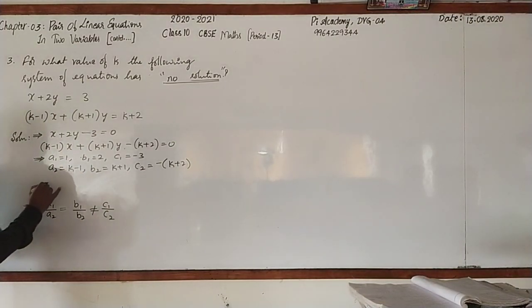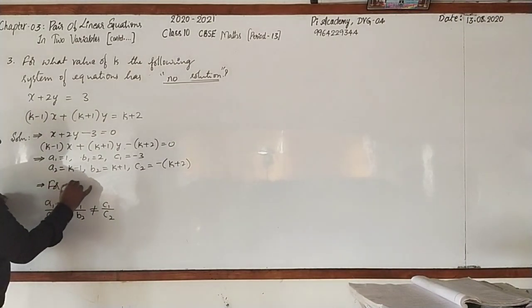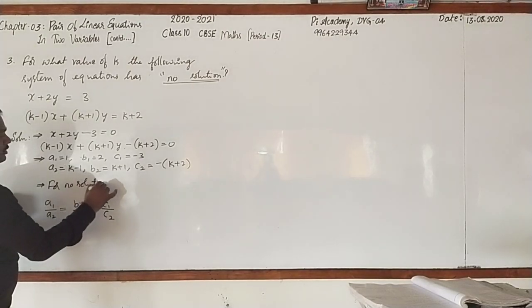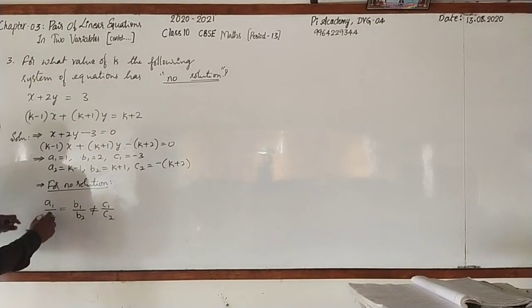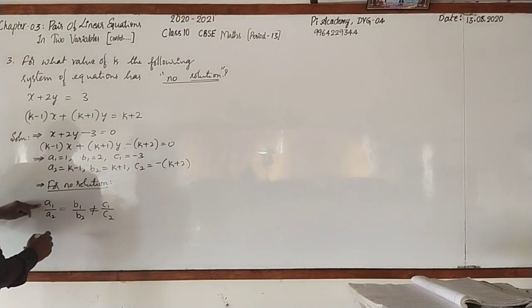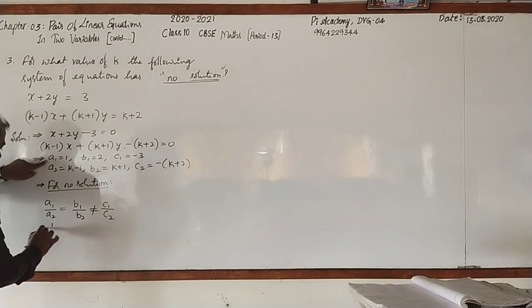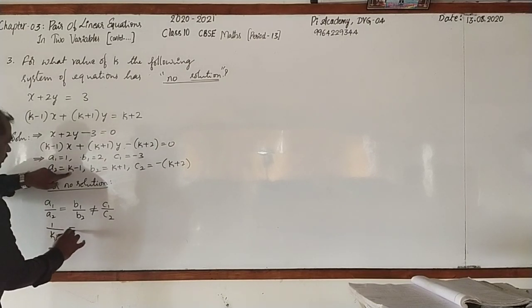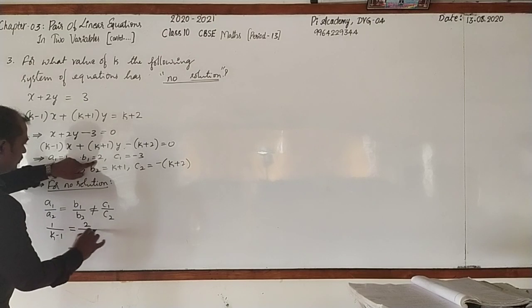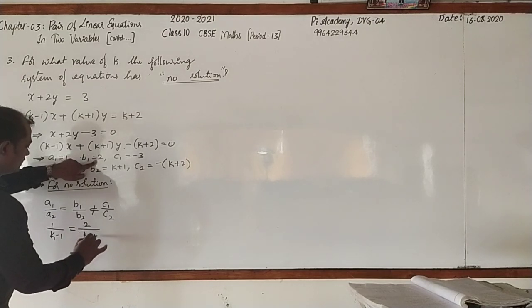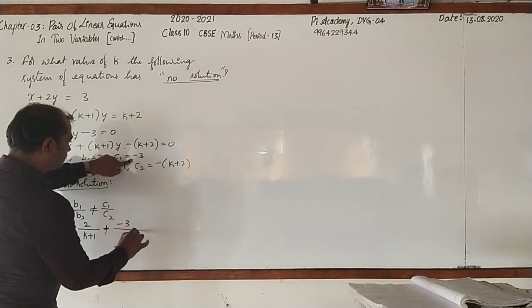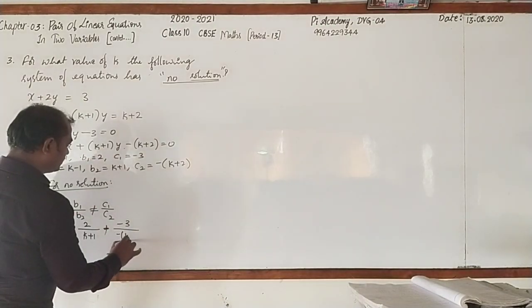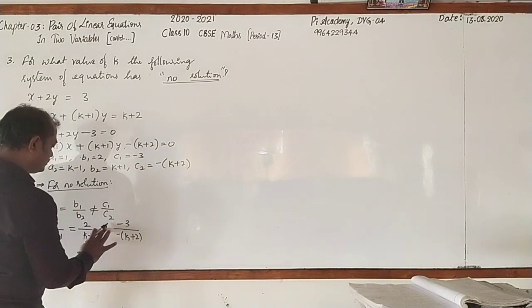Now let me write for no solution. Write this condition. Hope that you have written. Now substitute. What is a1? 1. a2 is k minus 1, equal to b1 2 by k plus 1, is not equal to c1 minus 3 by minus of (k plus 2).